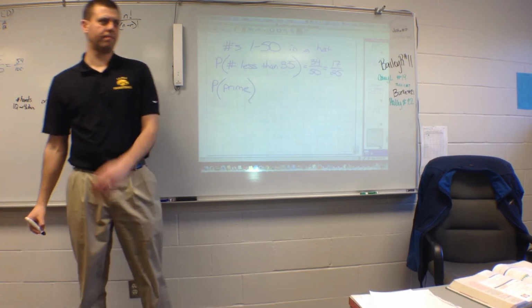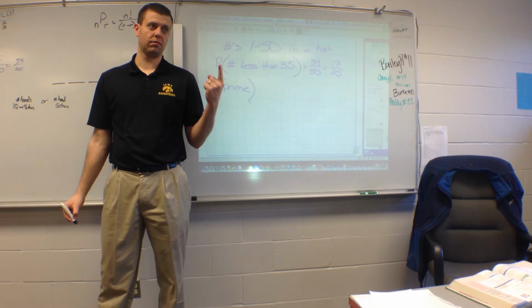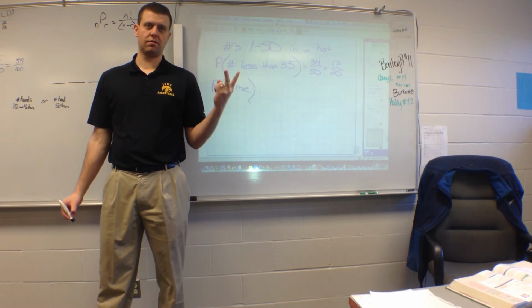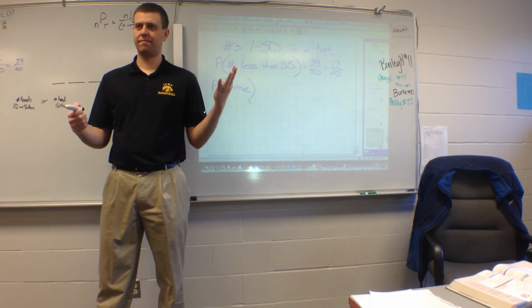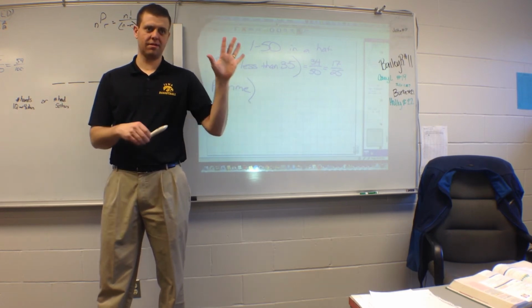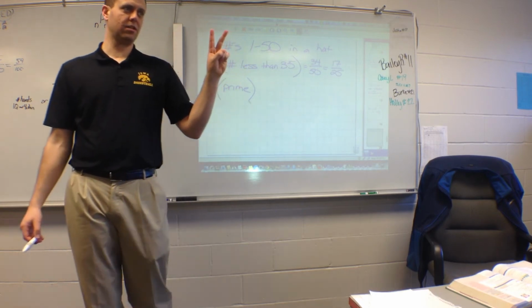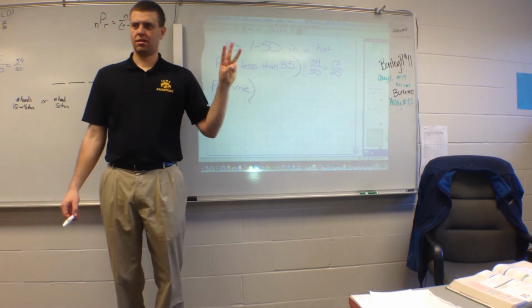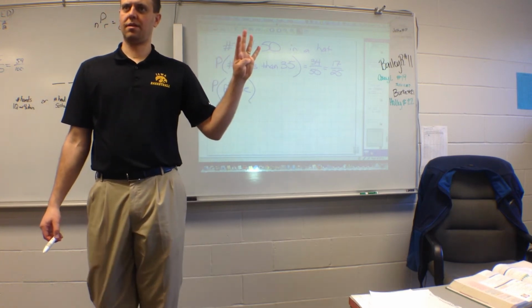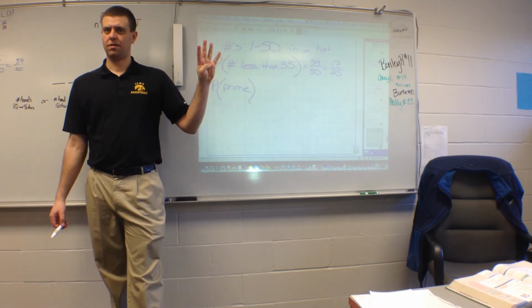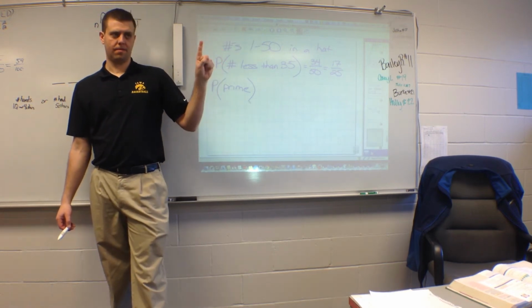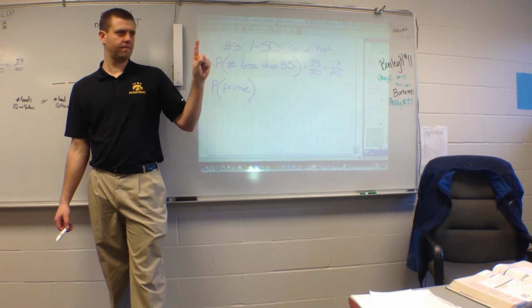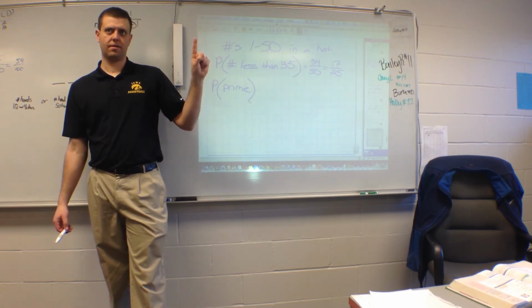Well, let's find them. 2, 3, 5, 7, 11, 13, 17, 19, 23, 29, so we're up to 10. 31, 37, 39.